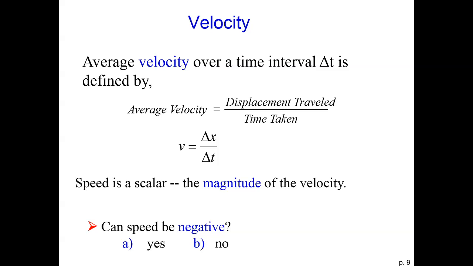We're talking about average velocity right now because we don't know how fast we are traveling at any one point in time, just the average velocity over the entire time. So if I drive 120 miles to the east in 2 hours, then my average velocity is the 120 miles to the east divided by 2 hours, so it is 60 miles per hour to the east.